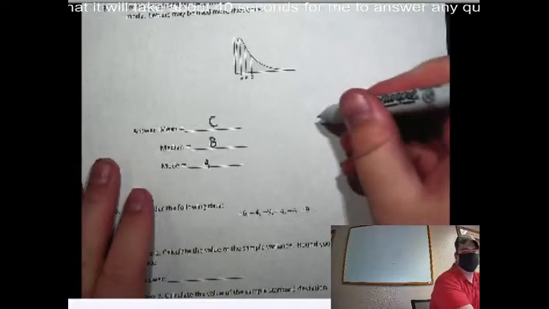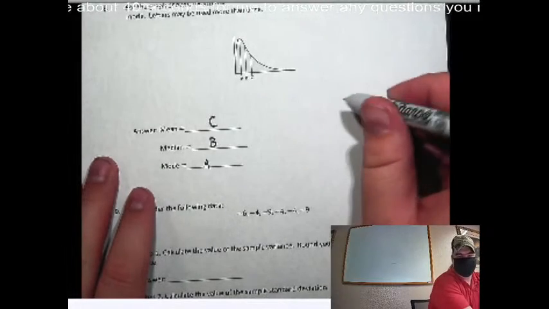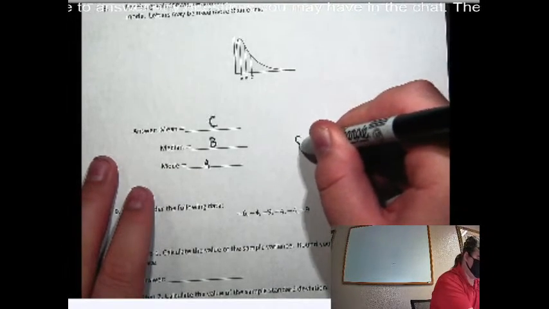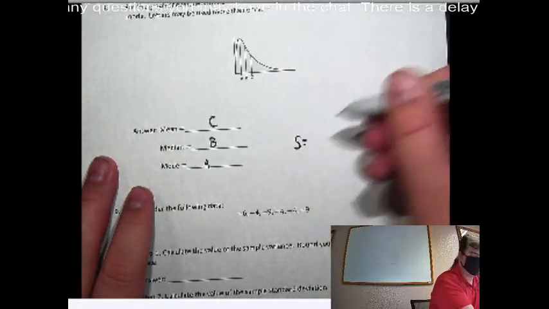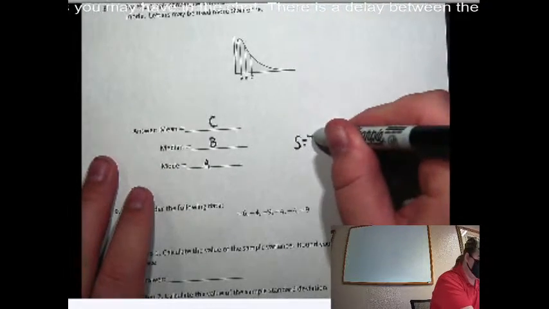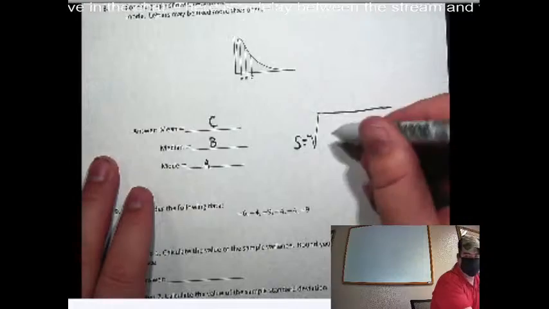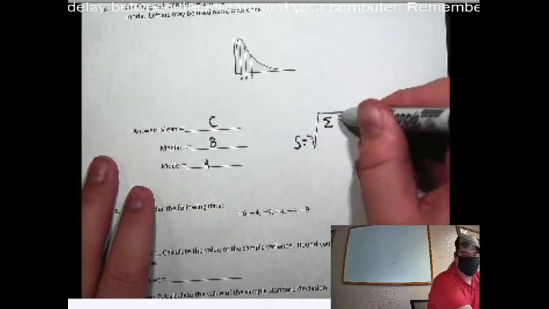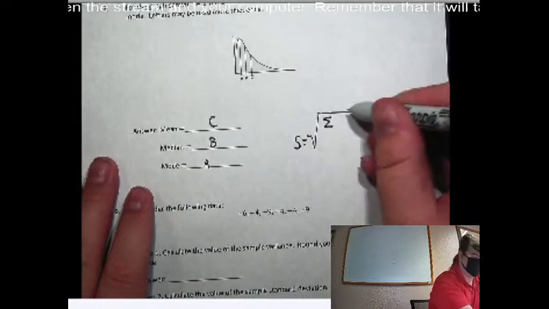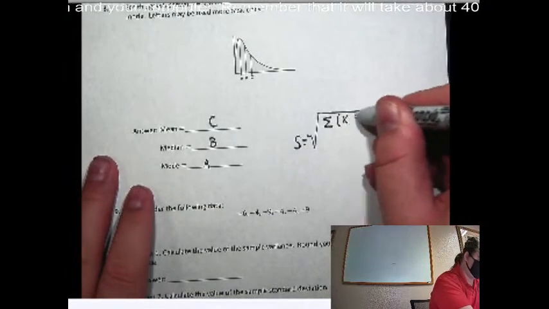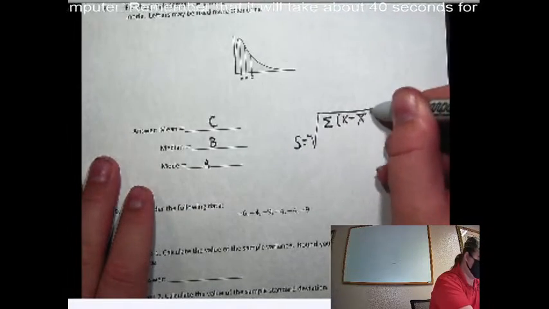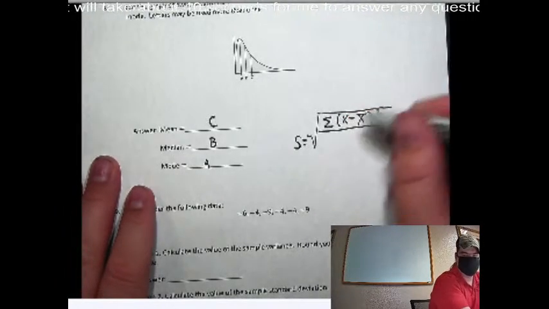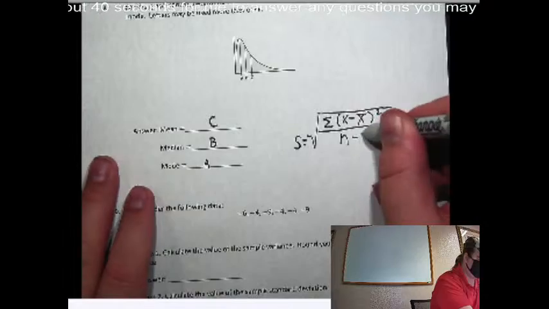So I'm going to put that up here, and that is the standard deviation for a sample is S equals the square root of the sum of x minus x bar squared over n minus 1.